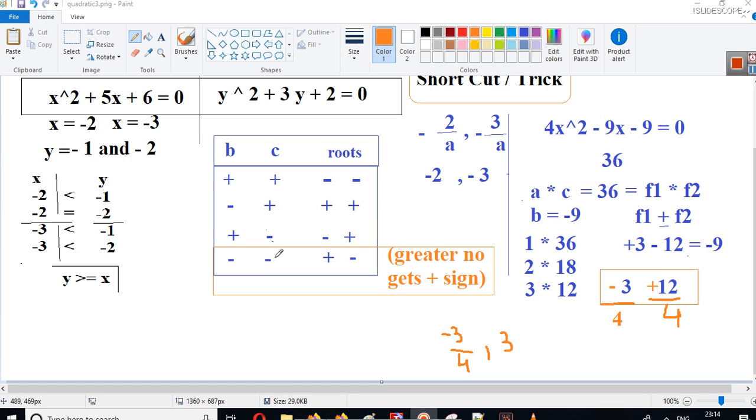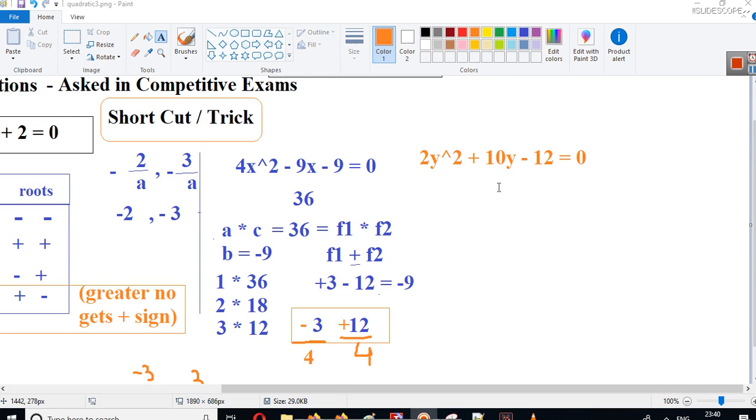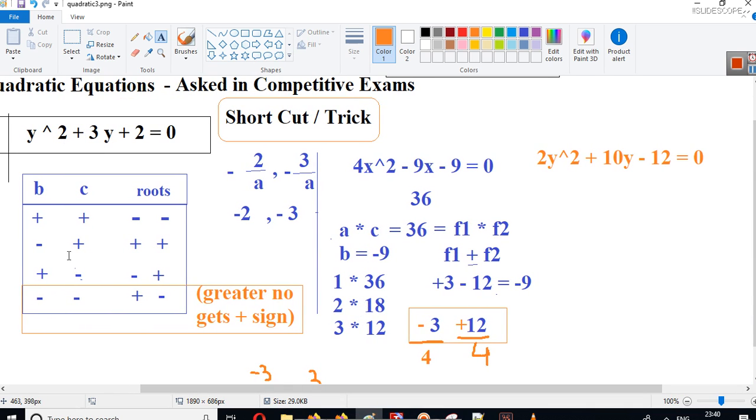There is another example in which B is positive and C is negative. So let's do an example where B is positive and C is negative. Now let's consider this example. Have a look at this sequence. So plus and minus is our sequence. Now compare it with this.